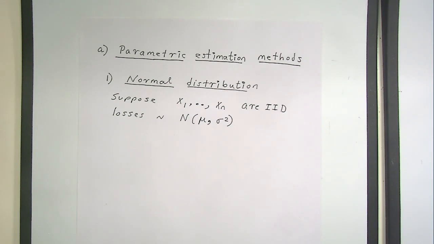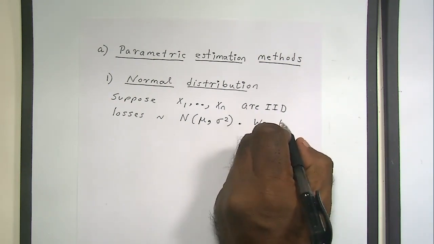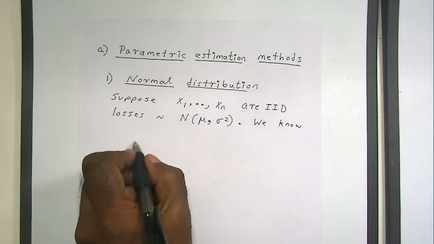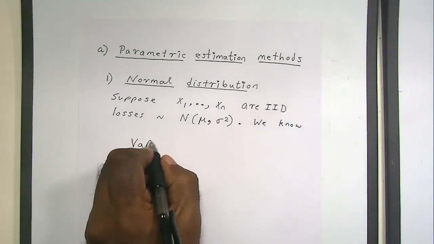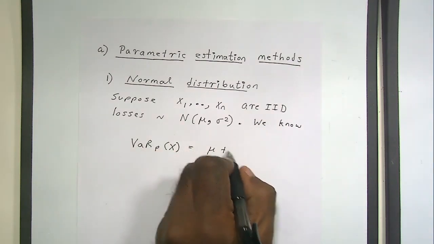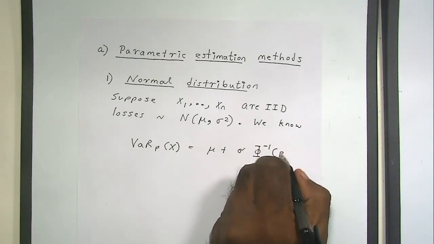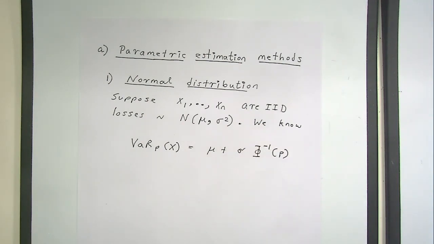I'm going to assume that the data and the losses come from a normal distribution with parameters mu and sigma squared. So we know that this is the formula for VaR, right? We did this yesterday, right?